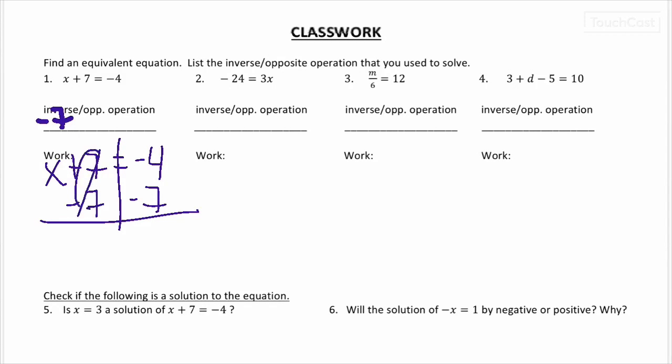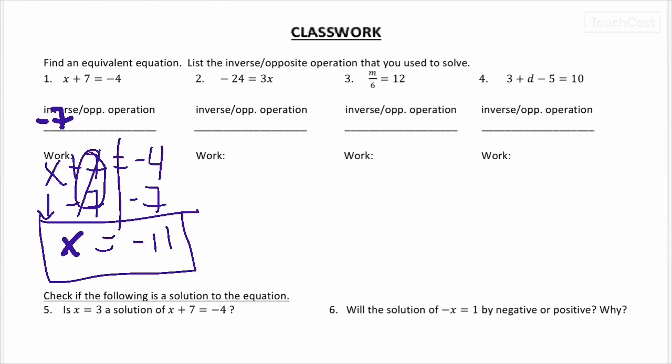So you can put a 0 around it or an x, and then we'll bring down the x equals, and then my handy dandy calculator tells me it's negative 11. Actually, I knew it was negative 11 because I have 4 negatives and 7 negatives. And that means I have 11 negatives. So x equals negative 11.